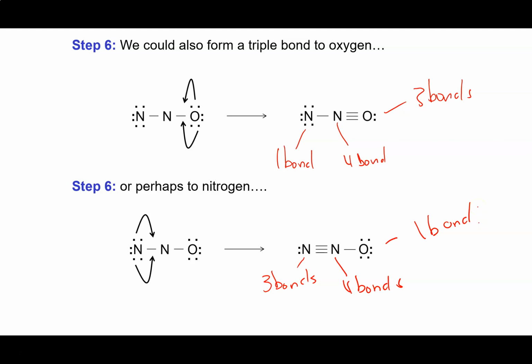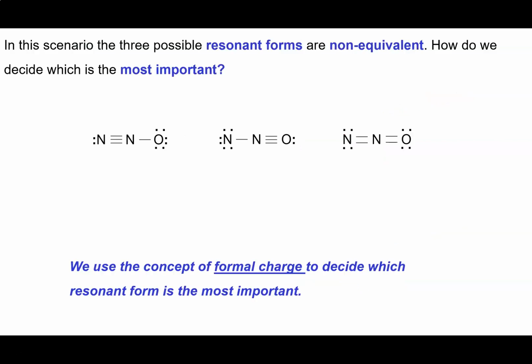So there really doesn't seem to be a way that we can draw a Lewis structure that aligns with what we would expect for the number of bonds formed. There's going to have to be a compromise. So, in this scenario, there are 3 possible resonant forms and they're not equivalent.